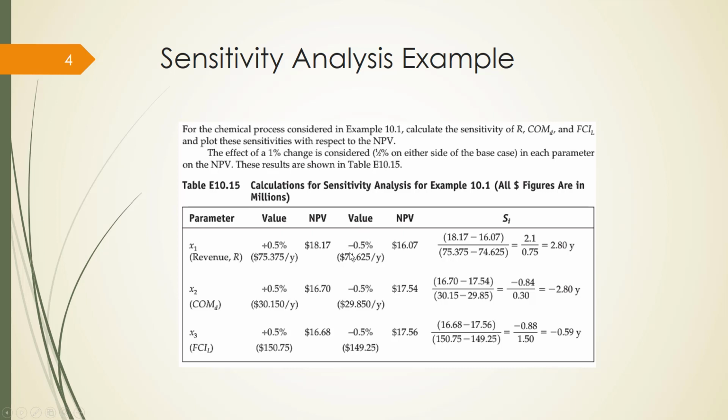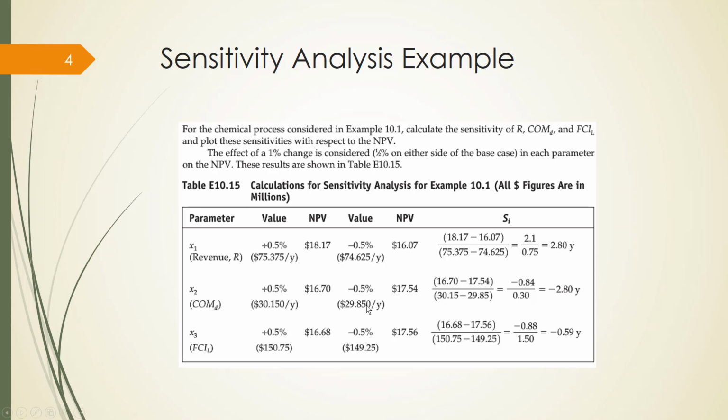If they decrease the revenue by 0.5%, the net present value is 16.07. The difference between those over that change from the original revenue to the final revenue that they selected gets us $2.8 million per year effect on the net present value.